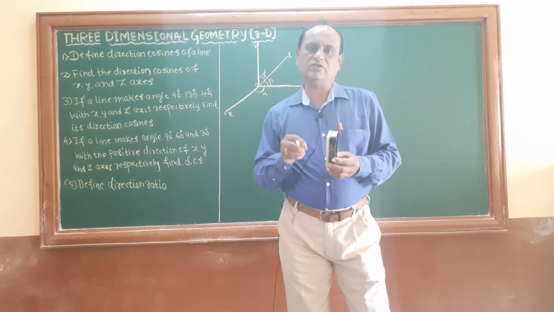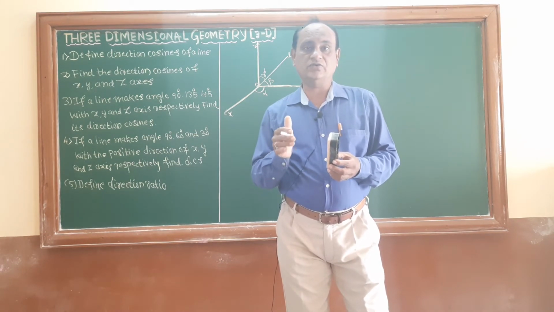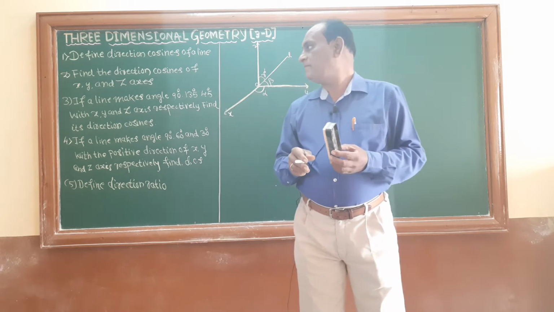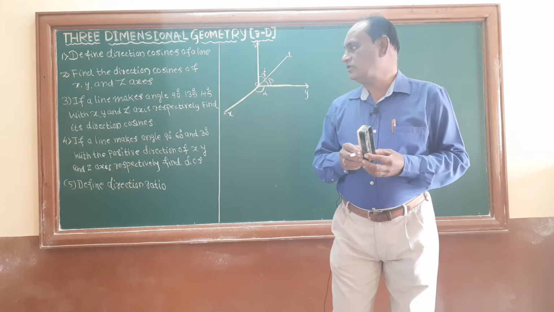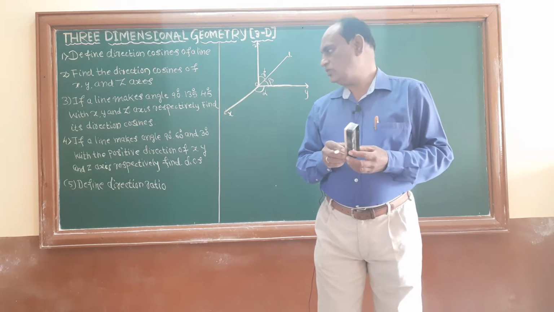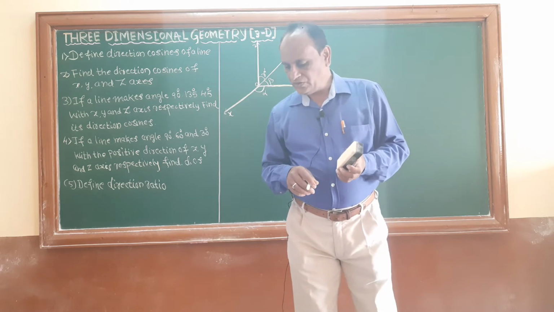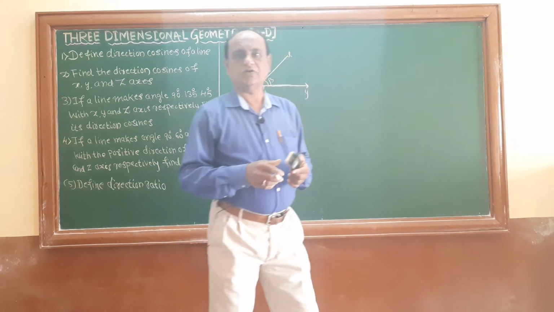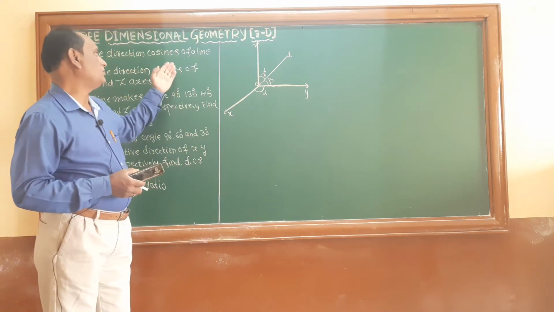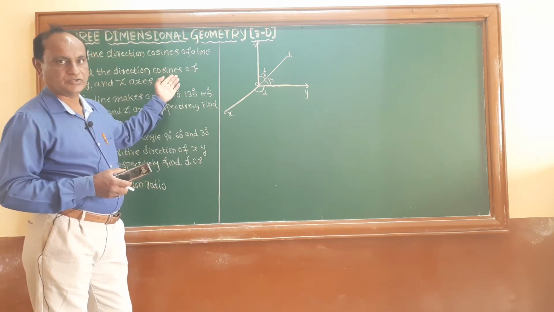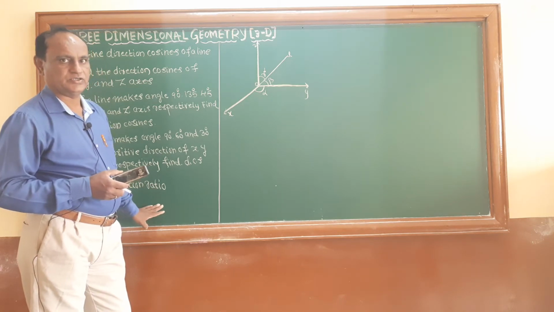The next one is problem number 3, 4, and the last one, you have to define direction ratio. So in this period, first the definition for direction cosines, then an example depending on direction cosines. Last, you have to define direction ratio.